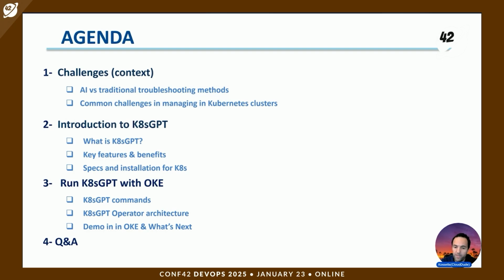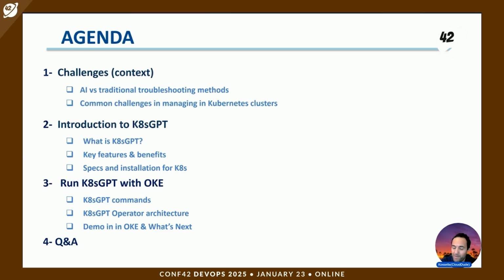Then in section 3, we'll dive into all the KSGPT commands you need to work with, describe, basic, and the operator architecture, because there's a CLI and there's also an in-cluster installation. And finally, we'll have some fun with a little demo that I will be running. So I hope you will like it.